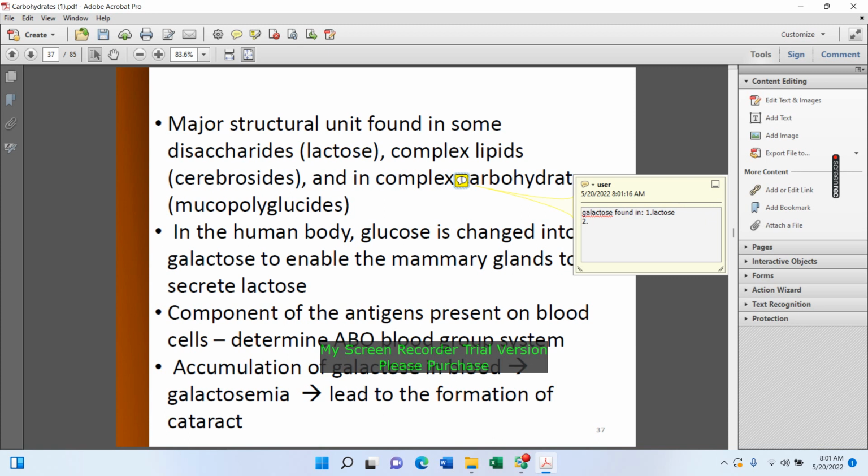The second is complex lipids, such as cerebrosides, which you might get in MCQs. The third is complex carbohydrates, that means mucopolyglucides.